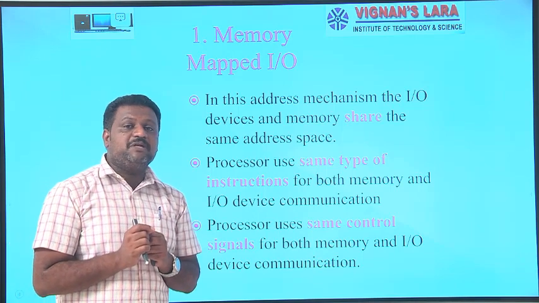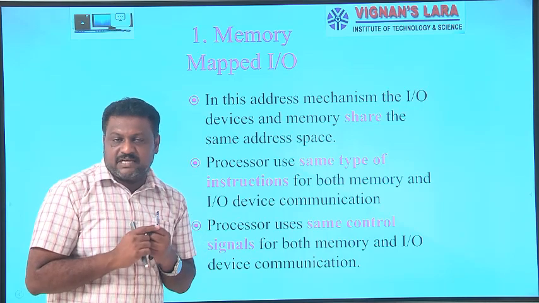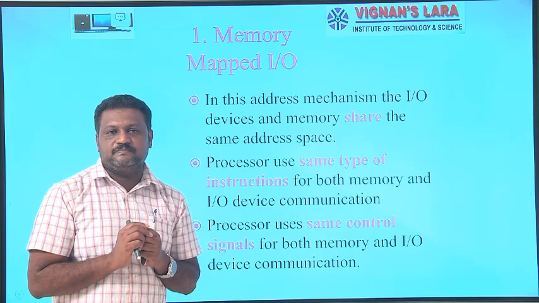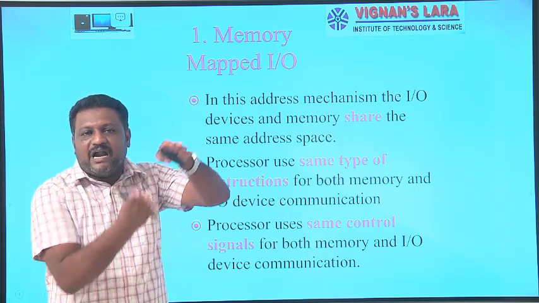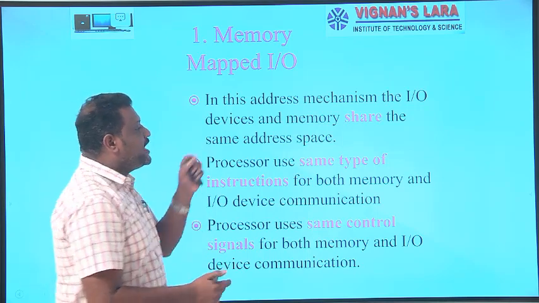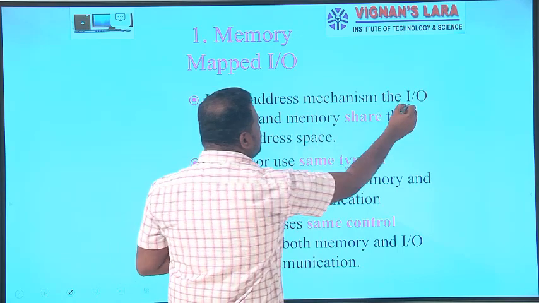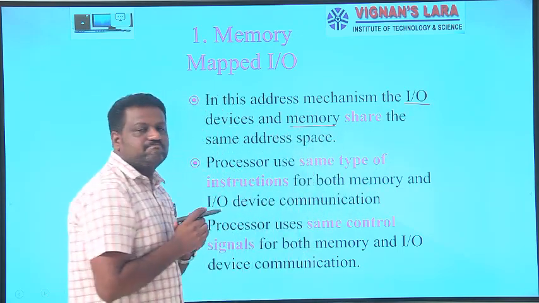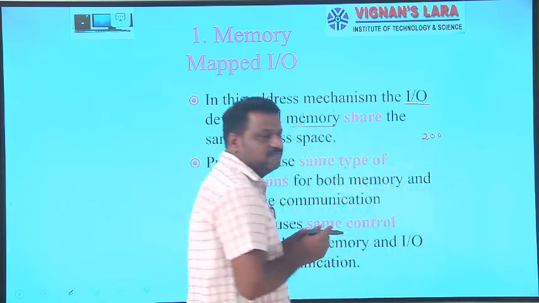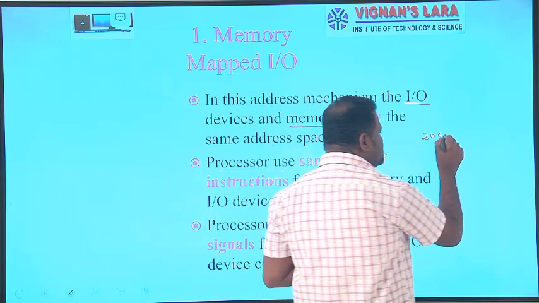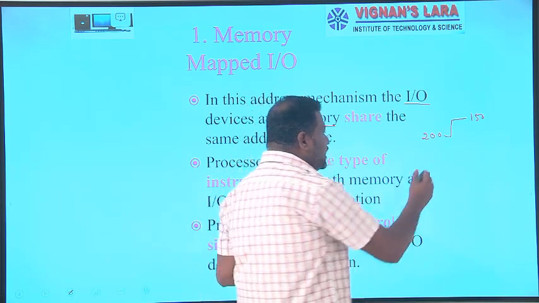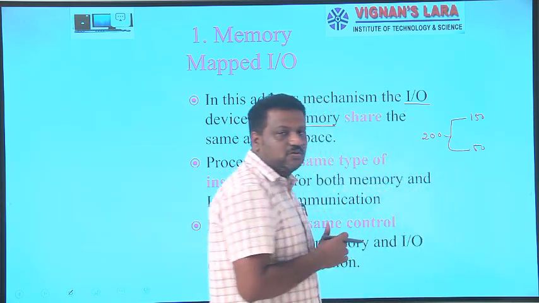Because of that, whatever address space is available with the CPU is shared between the I/O devices as well as the memory. Let's assume the CPU has 200 addresses. Out of these 200 addresses, for example, 150 addresses are dedicated to the memory locations, and another 50 addresses are dedicated to I/O devices.